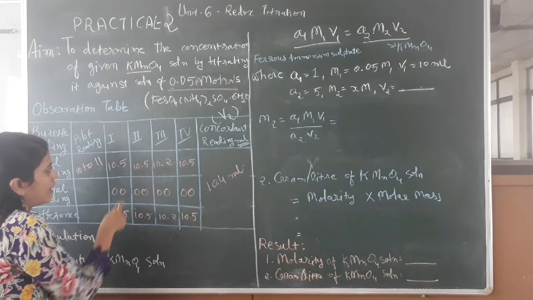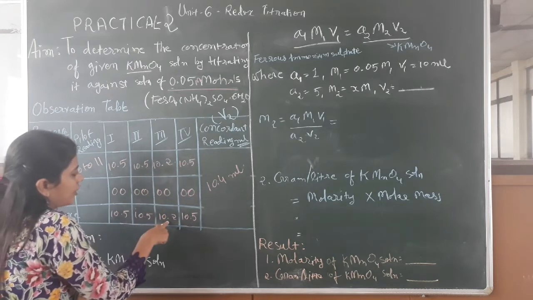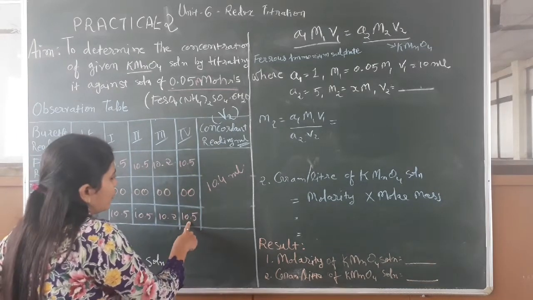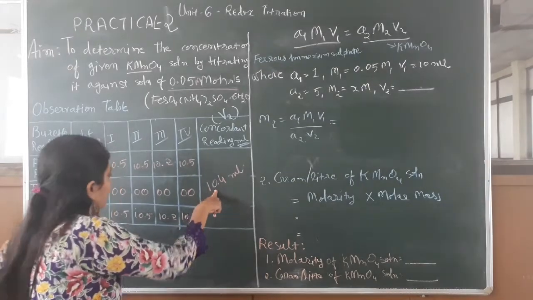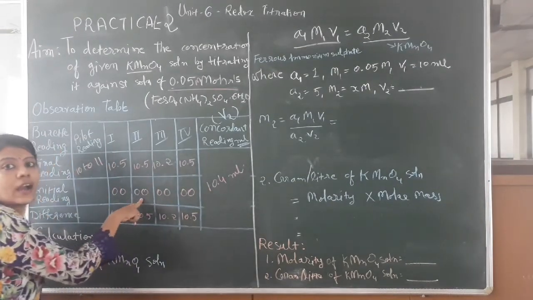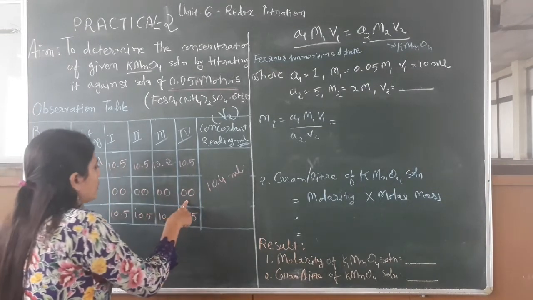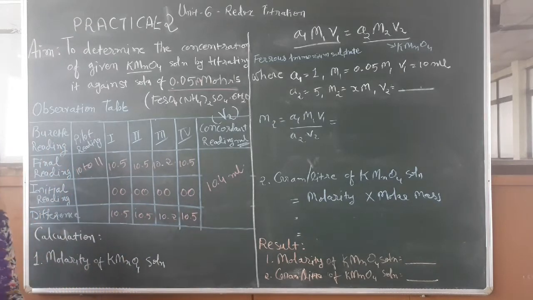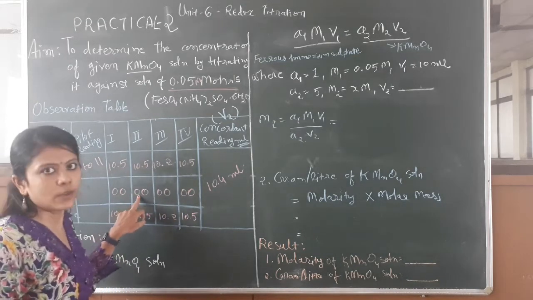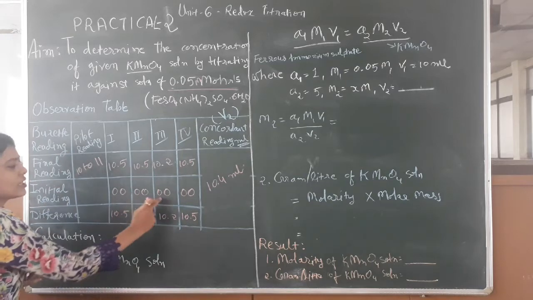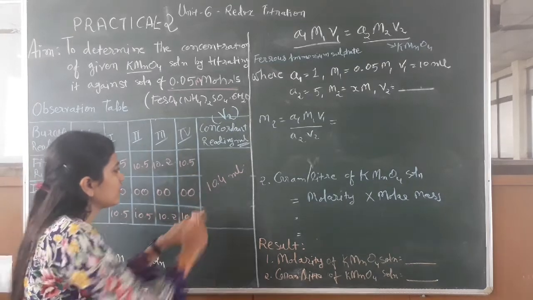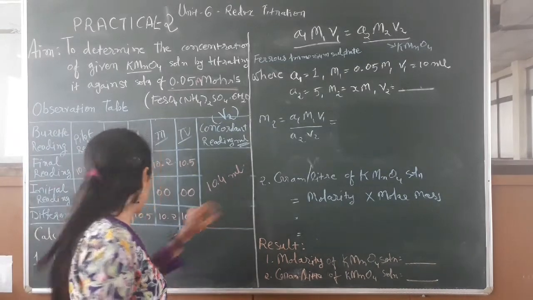Difference 10.5, 10.5, 10.2, then 10.5. Average is 10.4. Here we write 0, 0, 0 because every time after reading I set it to 0. Then the last reading is 10.4 ml.